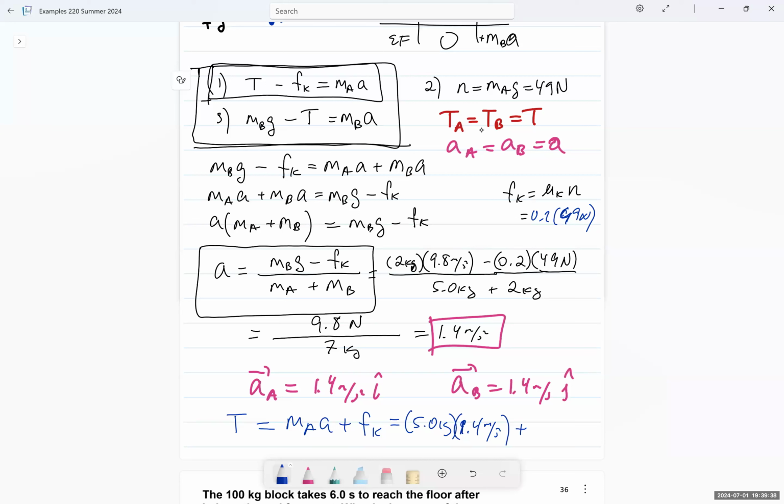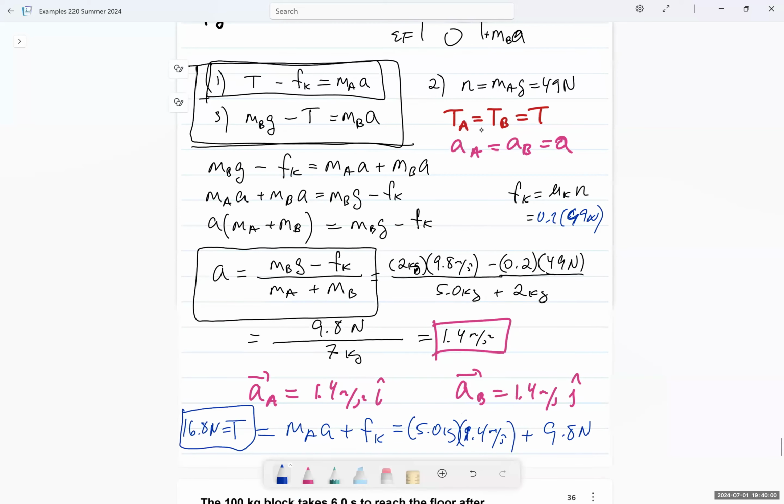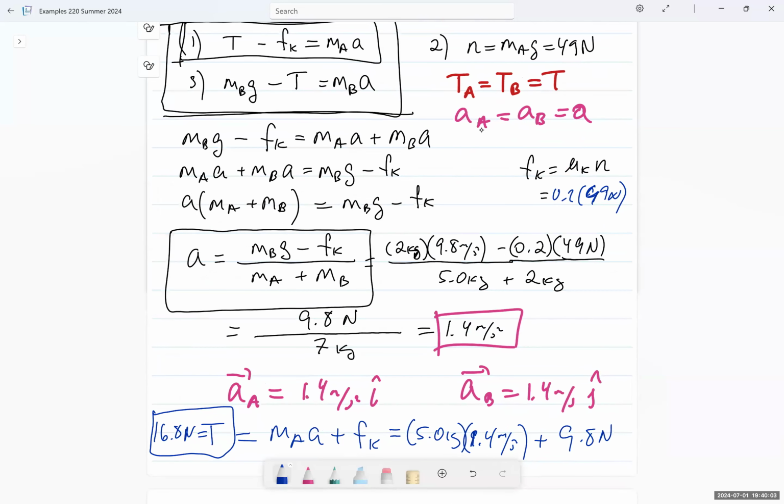That's 9.8 newtons. So this plus 5 times 1.4, which is 7, gives 16.8 newtons for the tension. I could also use equation 3 to solve for tension, but it doesn't matter. You find acceleration, then you find tension.